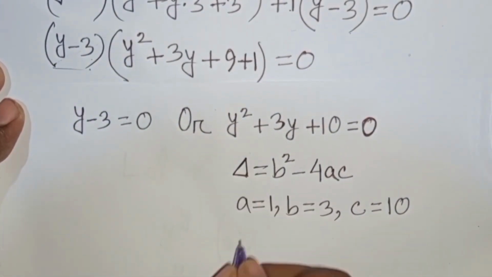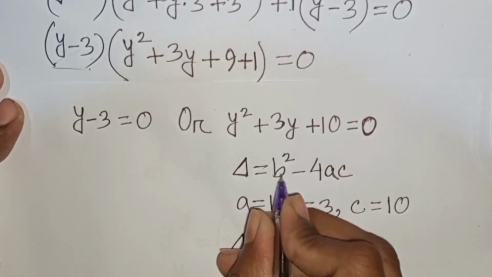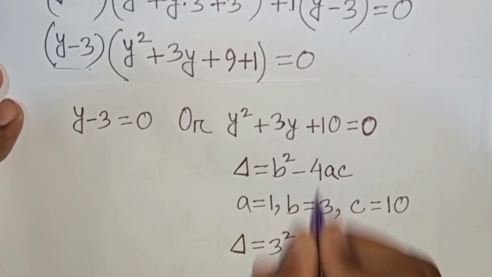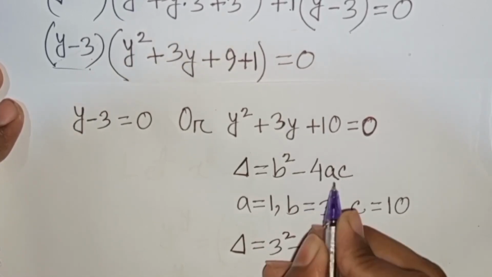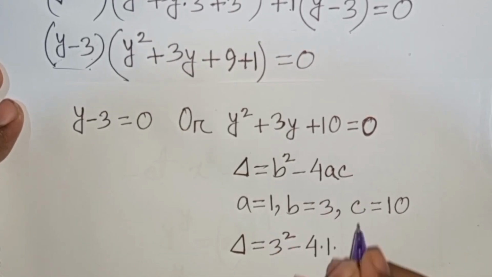Now we can write here delta will be equal to b square, that means it will be 3 square, minus 4 times a, that means 1, times c, that means 10.